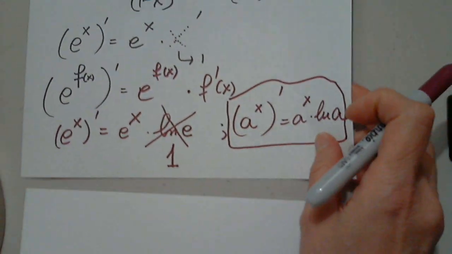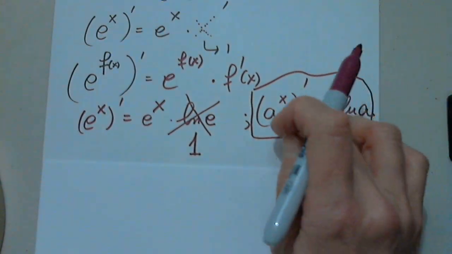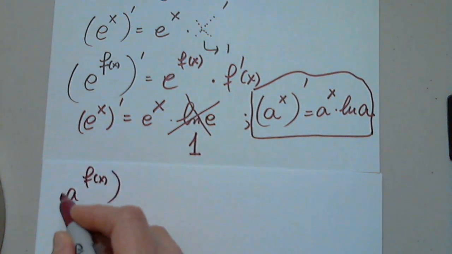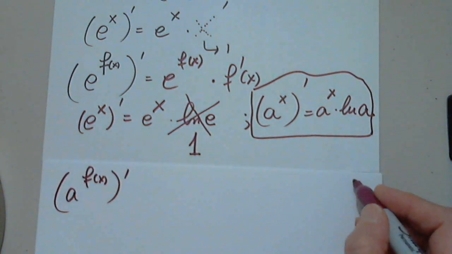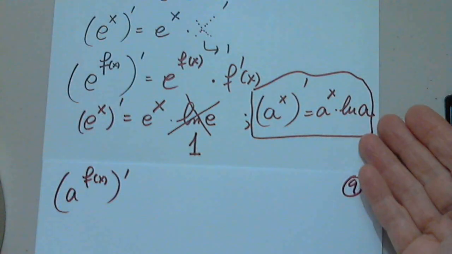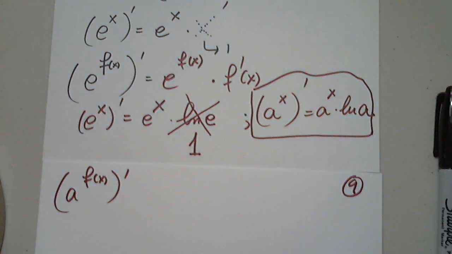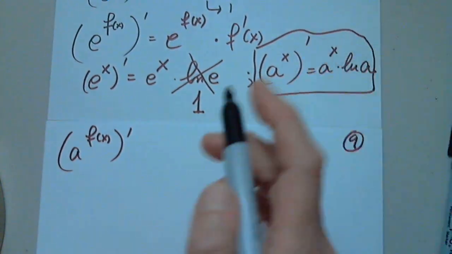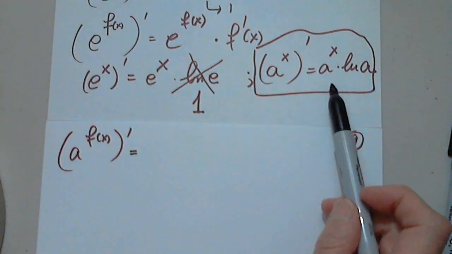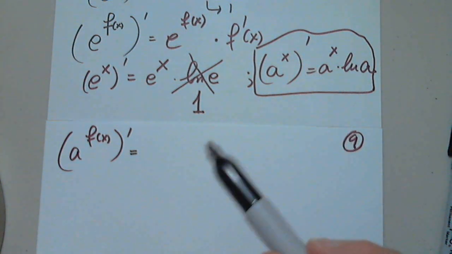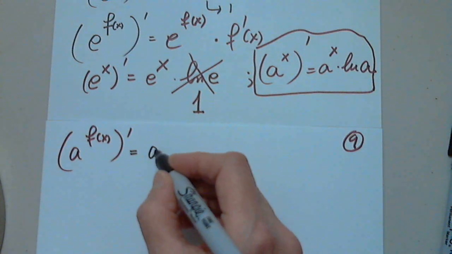Okay. Of course, now if the power is a function of x, can anyone construct the formula for a to a function of x prime? Can anyone give us the formula? Is it a to the x?